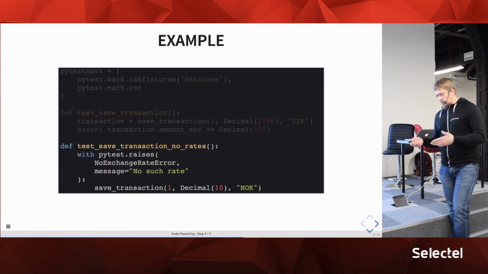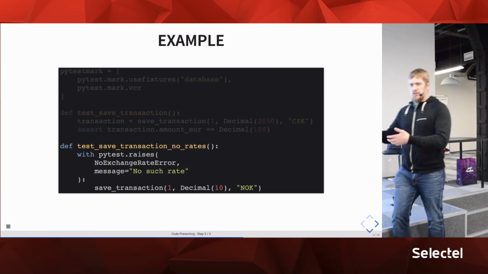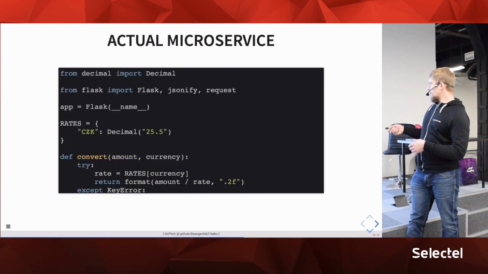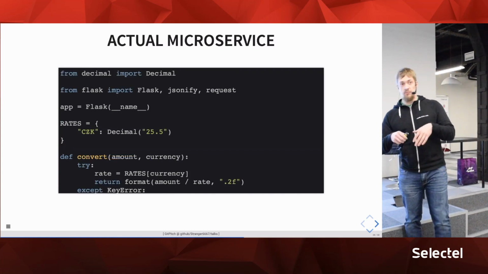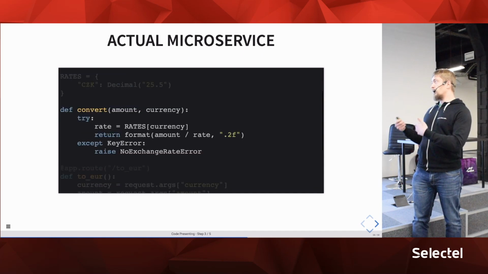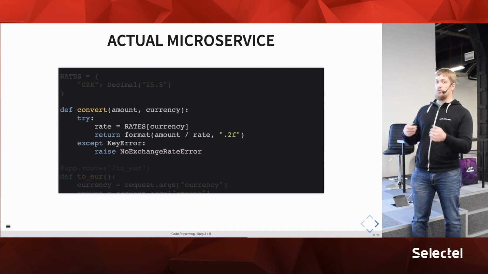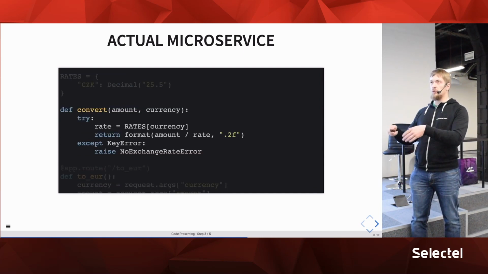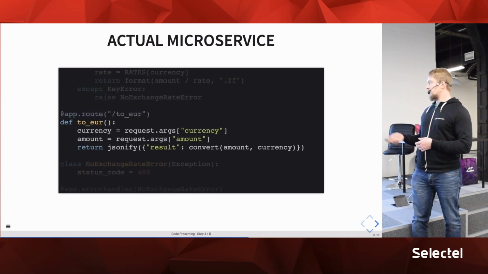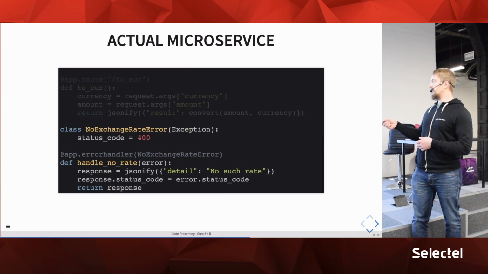But actually, here we don't have any responses, so let's write an actual microservice. So let's imagine that it's a simple Flask application with static rates, and it converts an incoming value in a currency to euro if an exchange rate is available, and some small error handling logic.